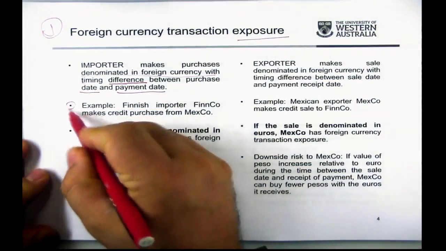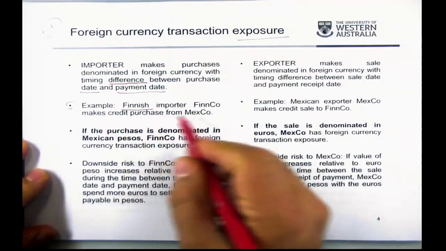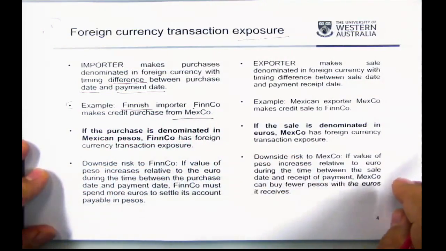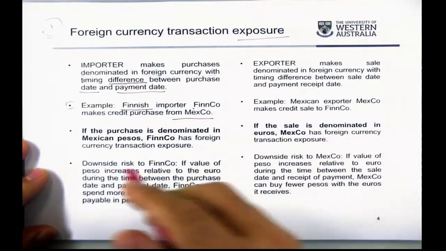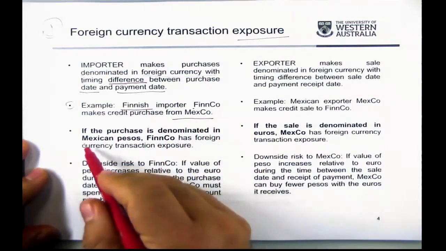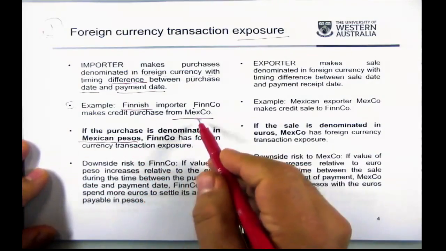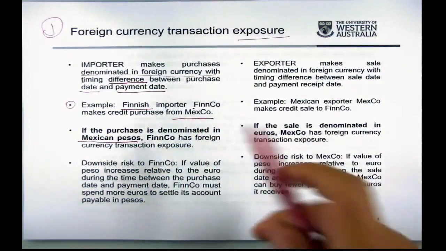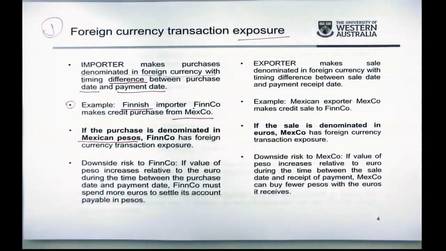Okay, this is an example. A Finnish importer, Finco, makes a credit purchase from Mexico. If the purchase is denominated in Mexican pesos, in this case, the Mexican firm doesn't have any exposure, but the Finnish firm, Finco, has an exposure. Why is that? Because Finco is a European company, and its functional, local and presentation currency is the euro.